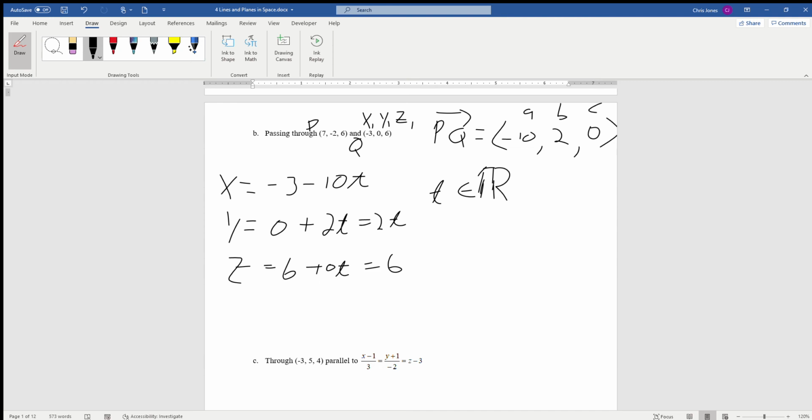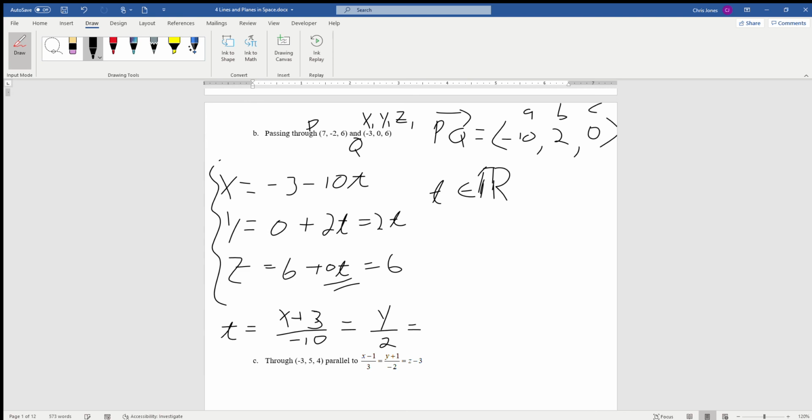The symmetric equations, unfortunately, do not exist for this line. I'll illustrate why, because if you notice, if we were to solve each of these parametric equations that we just got, one of them we're going to be dividing by 0. So our t is going to be equal to x plus 3 over -10 if we solve for t in the first, which is equal to y over 2 in the second, and that one's easy.